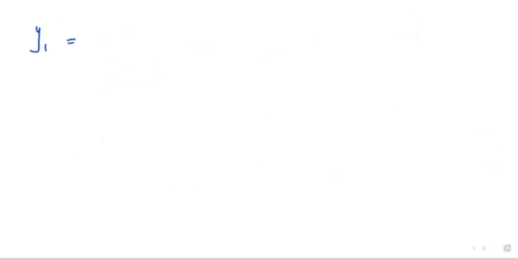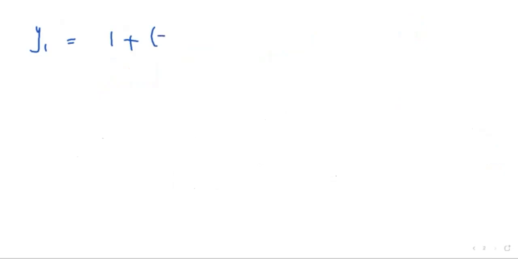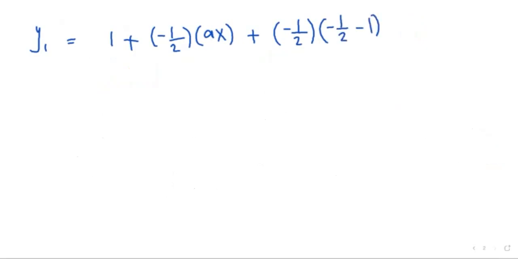So it says 1 plus nx, where n is the power, minus half, and x is ax, plus n into n minus 1 into ax whole squared, and so on.